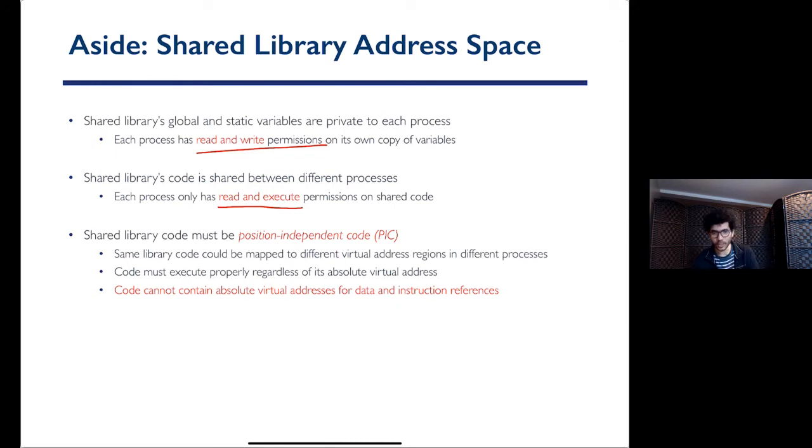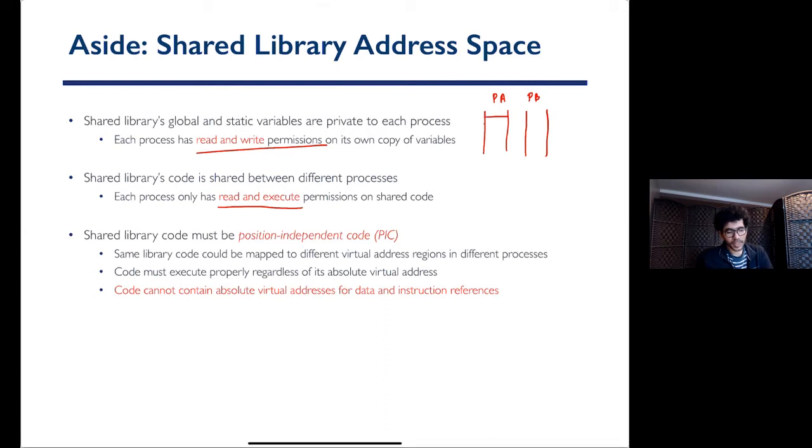So if I have a jump, if I have a for loop, or if I have a jump to another function, I cannot jump to an absolute virtual address. The reason is each process is going to have its own virtual address range for this shared library. So if I have process A and I have process B, both of them have their own virtual address space.